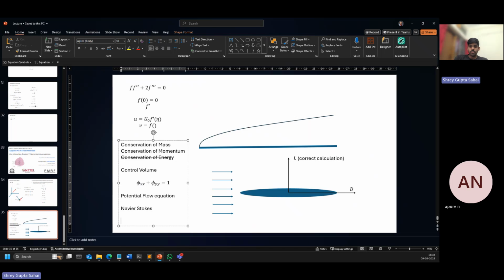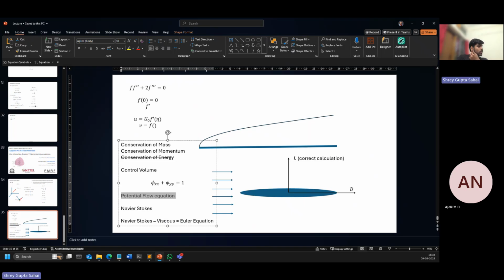When you subtract the viscous effects from Navier-Stokes, we get the Euler equation. The important thing to note is that the Euler equation and the potential flow equation are identical. You can derive one from the other.